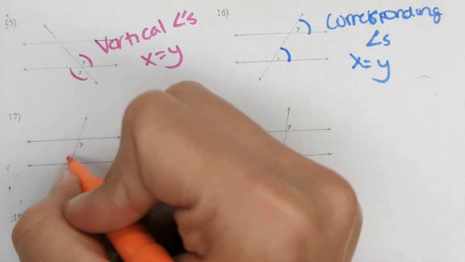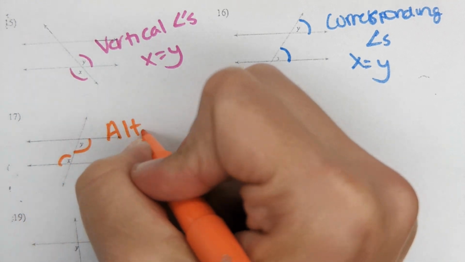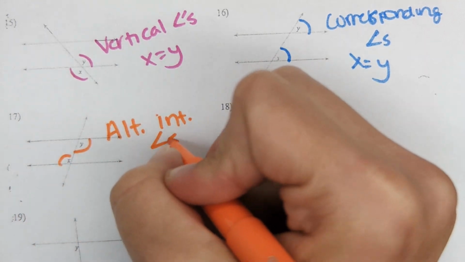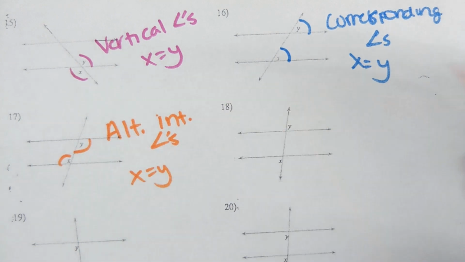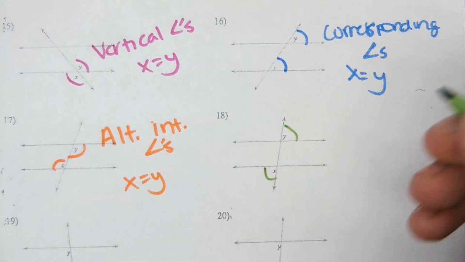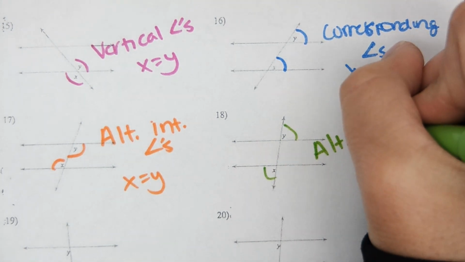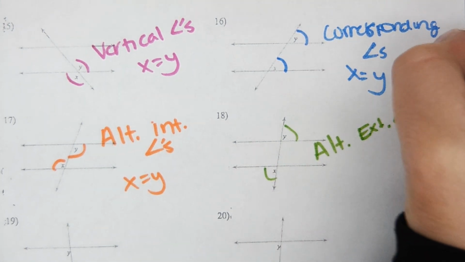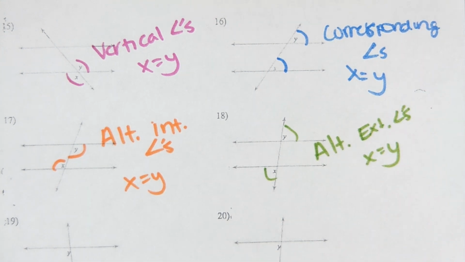And then 17, alternate interior angles, abbreviating. 18, alternate exterior angles, x equals y.